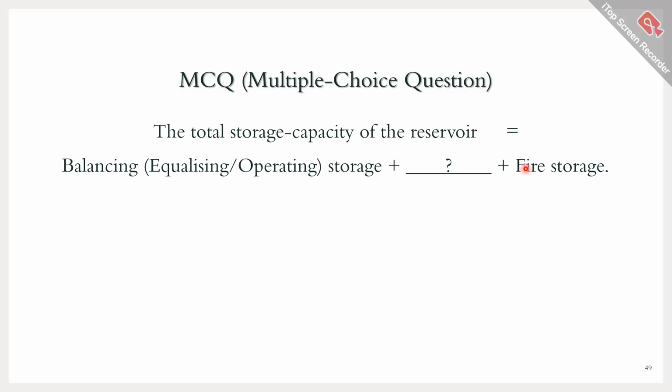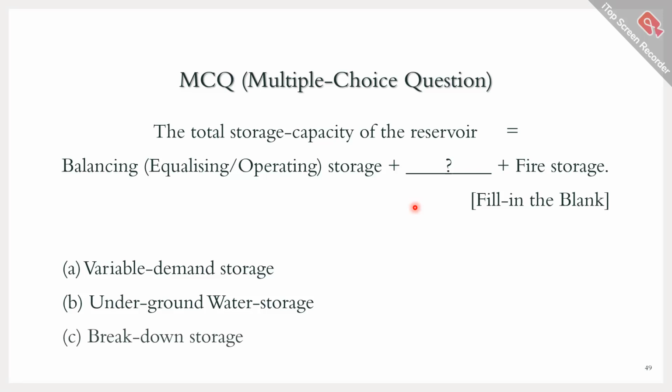So the storage capacity of the reservoir is the sum of three storages, and one is missing. Option A is variable demand. Option B is underground. Option C is breakdown. And option D is runoff storage. So which one of these water storages can you use to fill in the blank here, that you have to determine.